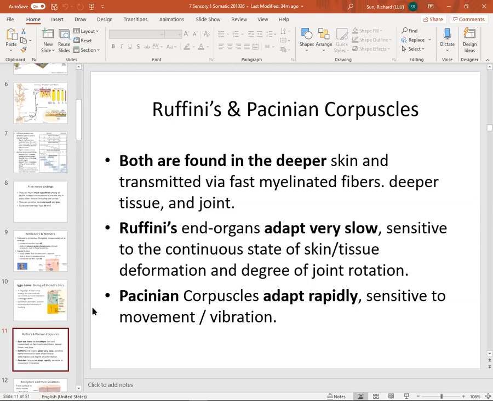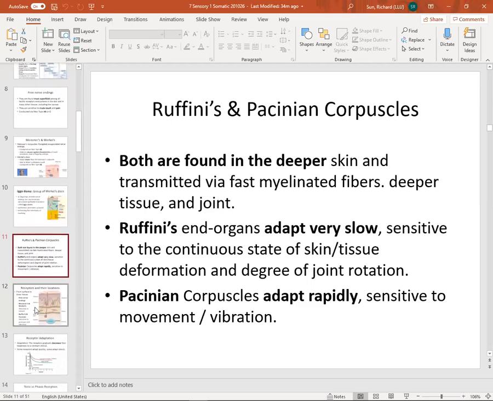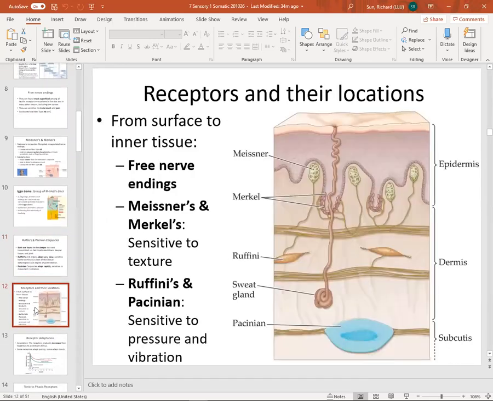All right, so this one is showing you the five major somatoreceptors that we have described. From the surface to the deep tissue: free nerve ending, and Meissner and the Merkels.